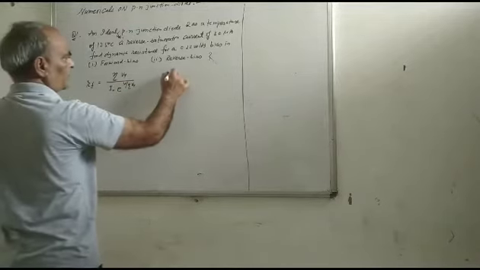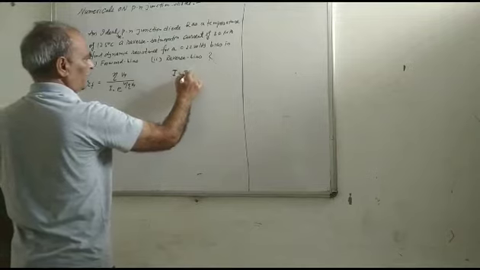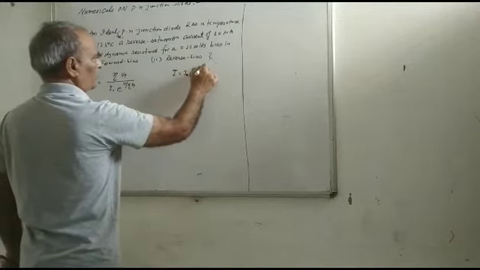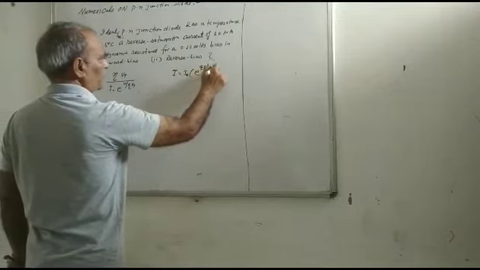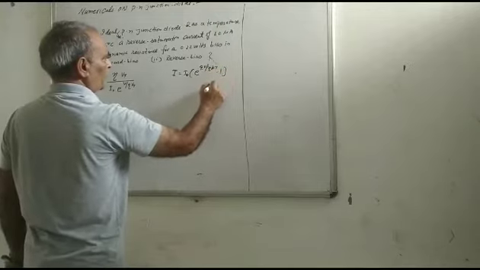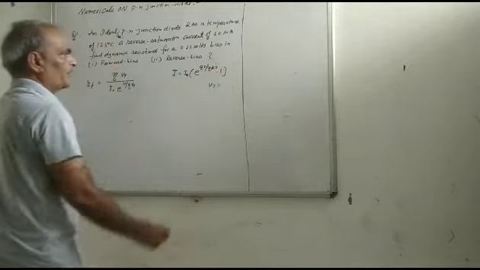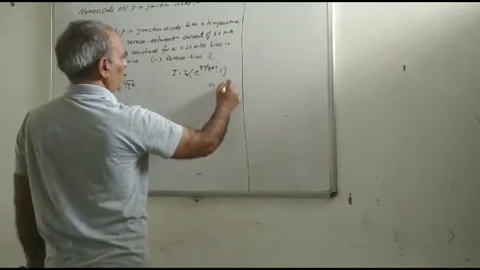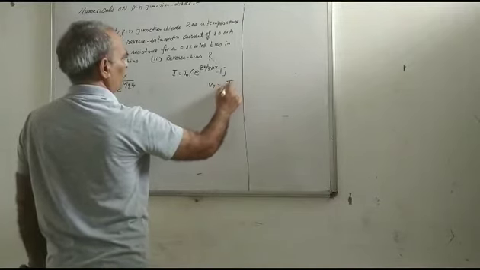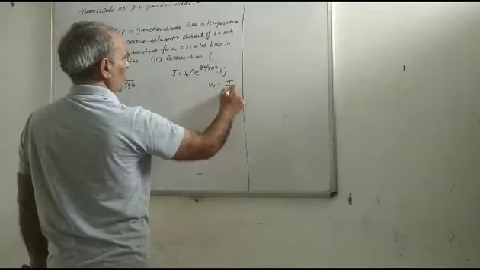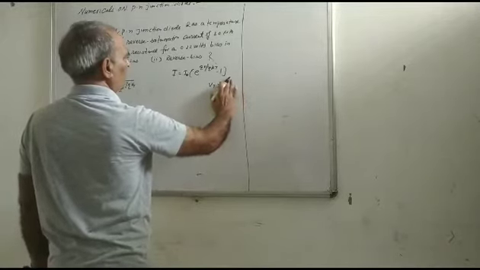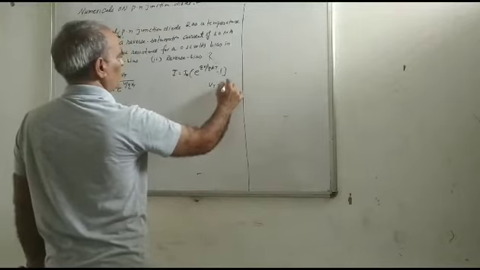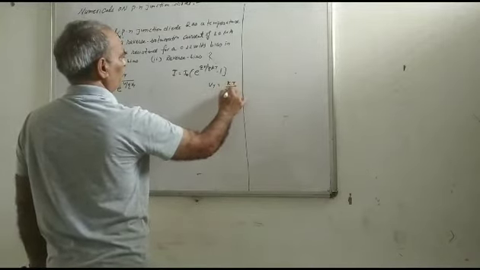The general formula for current is I equal to I0 e to the power qV upon eta kT minus 1, and Vt is equal to kT upon q.